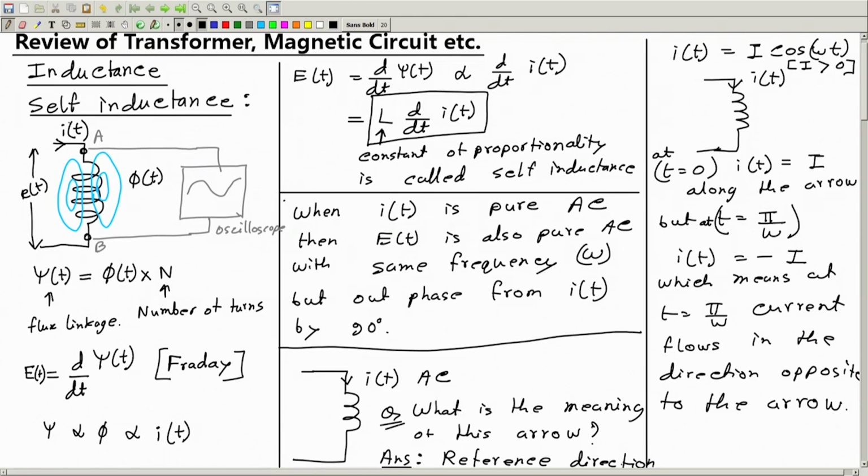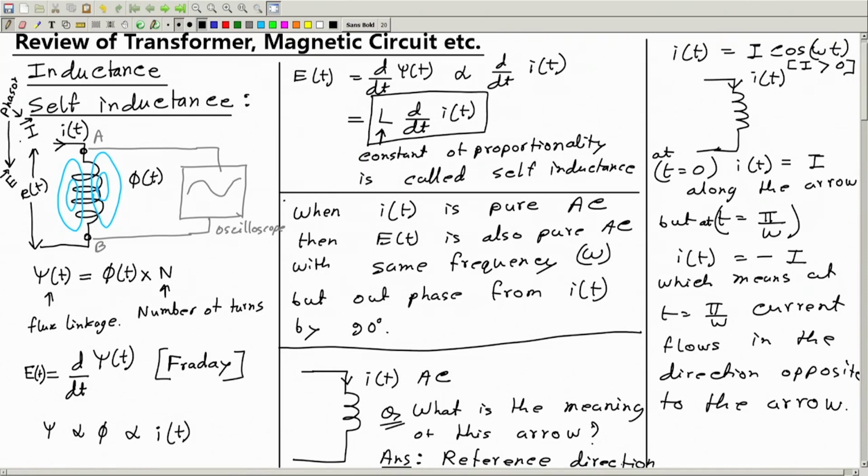Say the corresponding phasor value is I, let me put a bar. So this is the phasor, and similarly here the phasor is this. These are the symbols for the phasors. You know what they mean.